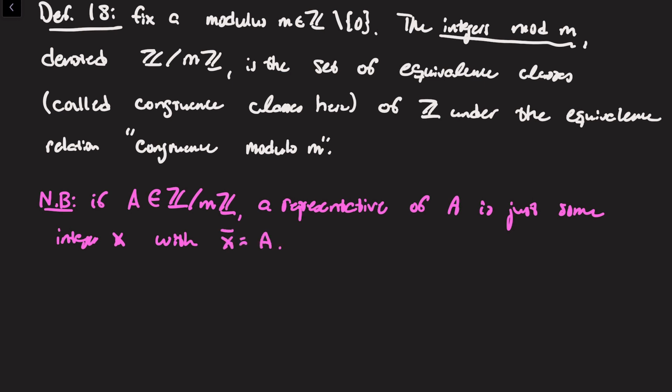And sometimes, if we're being really informal, we might just drop the bar and write x instead of x bar. But that's really informal, and we would only do that if there's no risk of confusion.